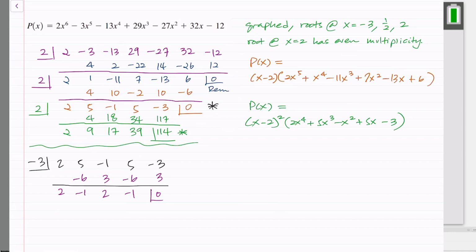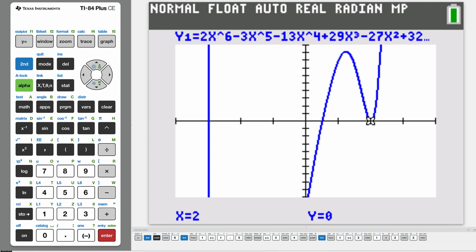Okay. Now, when I looked at the graph, if you recall, we saw that the multiplicity of that root there was odd. So it could be 1, it could be 3. Do we want to keep going here? I'm thinking that it's 1.